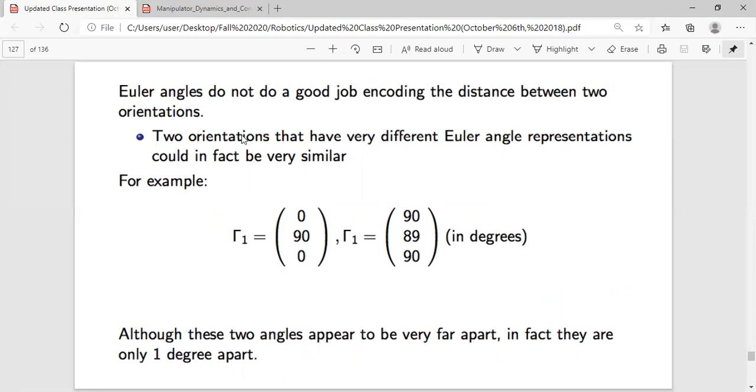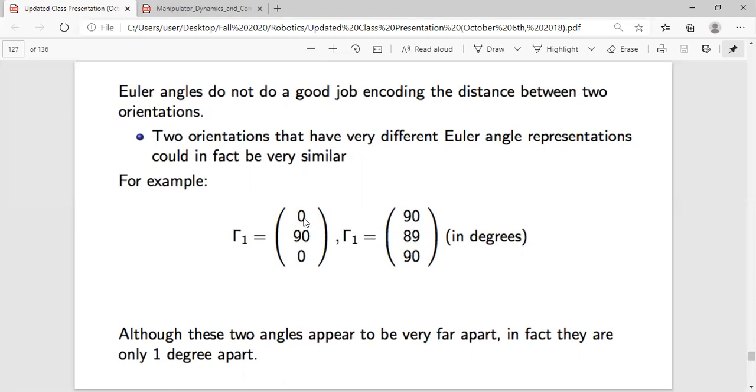It would be x1 and 0, y1 and 0, and then z1 and 0. And I can represent that by 3 angles. But if these 3 angles were Euler angles, there's no exact mapping that will always tell you the distance between these 2 orientations.